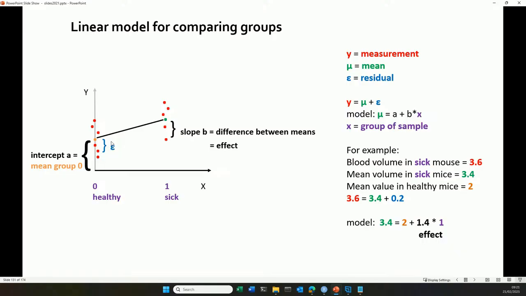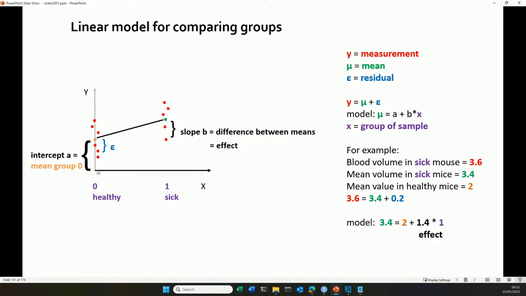And in the case of comparing groups, that line will go through the means of the two groups. But only when the data are normally distributed. Otherwise, this is not true what I'm saying. So it fits the line that gives the smallest residuals, and by doing that, it will find the actual values of A and B. And A was the intercept.